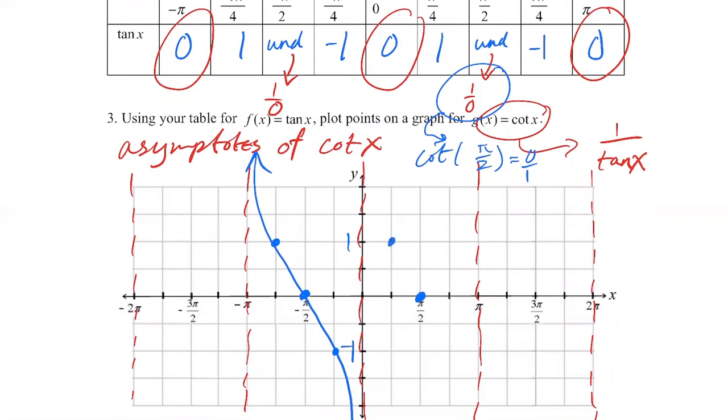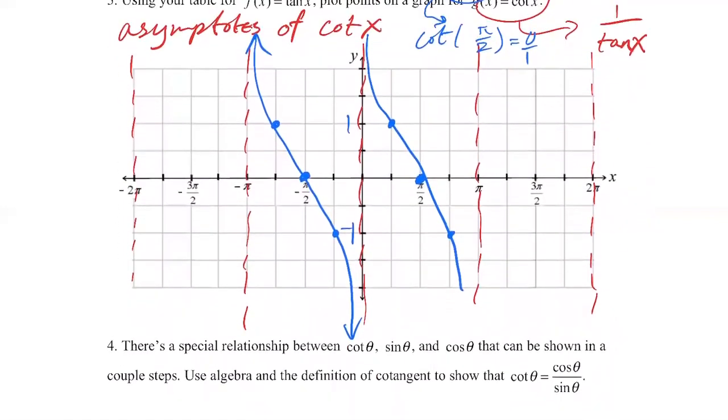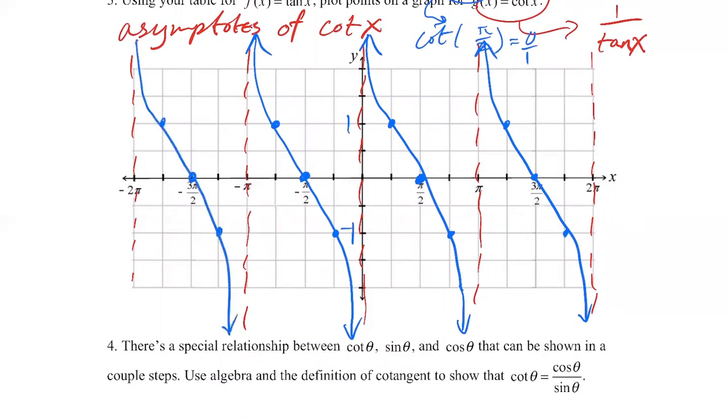Pi over 4 goes to 1, negative pi over 4 goes to negative 1. There's our nice clean swoop. Okay, and we can keep repeating this. We don't have to keep calculating values. We can just replicate the pattern and say, yes, indeedy, there is my graph of the cotangent of x.